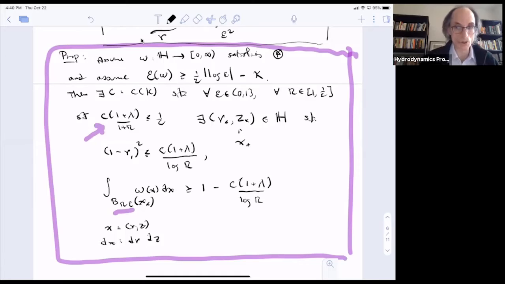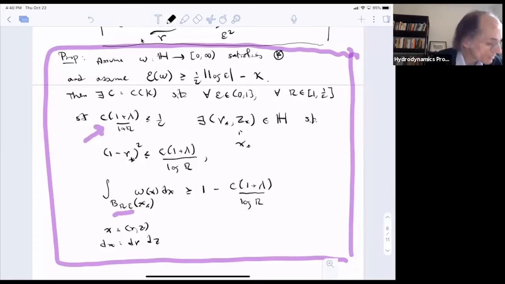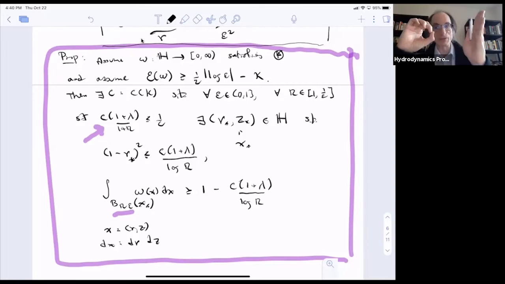Okay, and so the vortex is quite concentrated, and star is kind of invisible, but it's concentrated at a point the right distance from the axis.